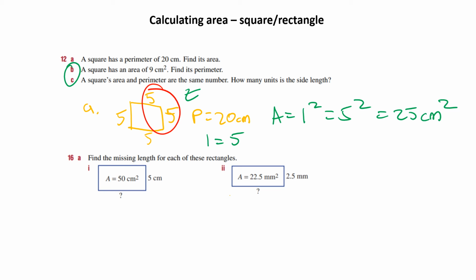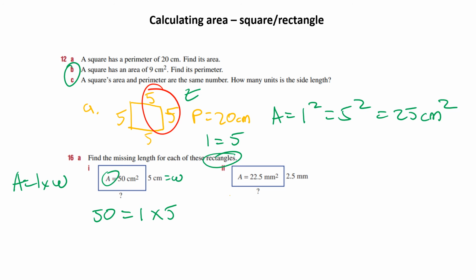What we're looking at here is a rectangle, remember, so the rectangle area is A equals length times width. In this case, the area is 50, so 50 equals length times 5, because that's my width.